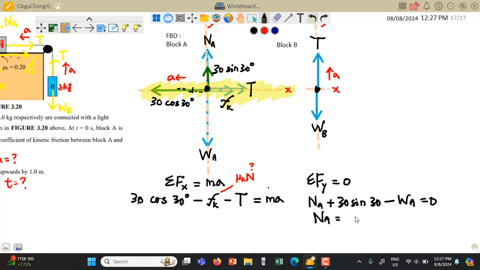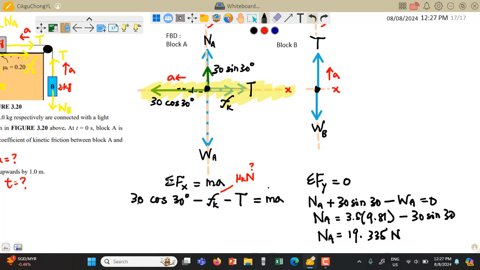Weight is mg, so the mass of block A is 3.5 kg multiplied by 9.81, minus 30 sine 30. You might pause the video to do the calculations. It is 19.335 Newton.